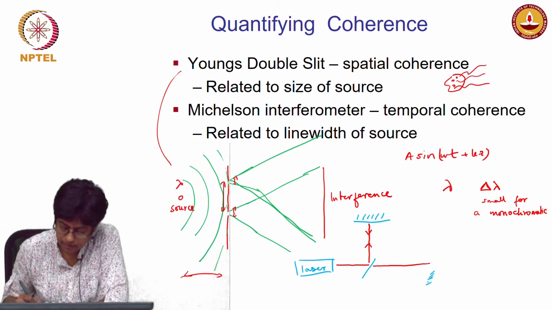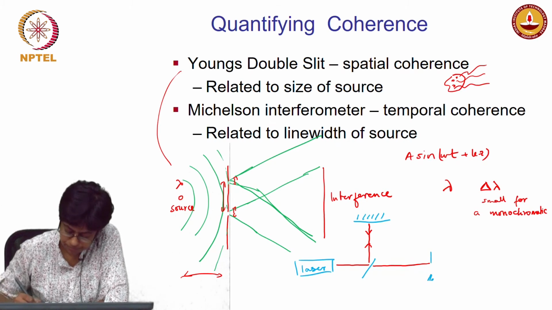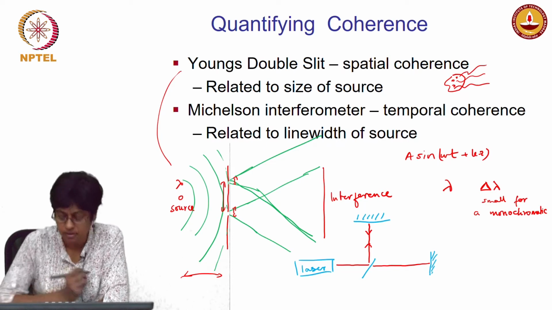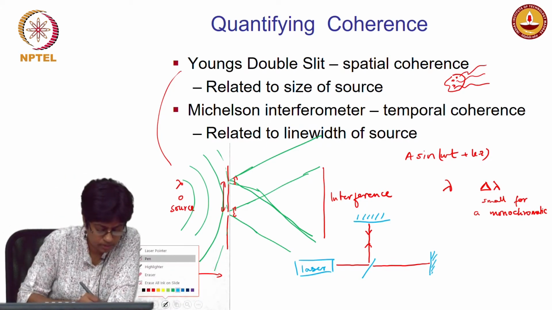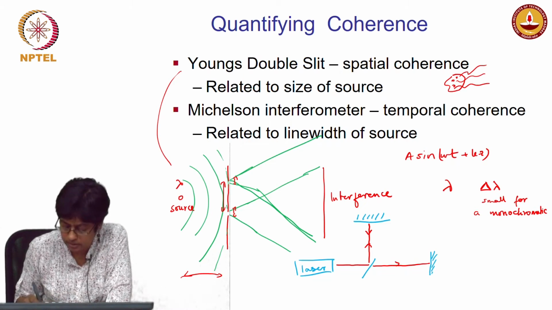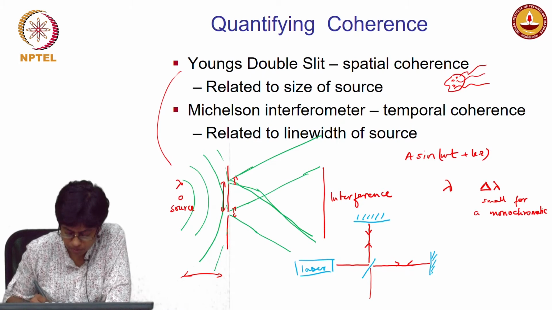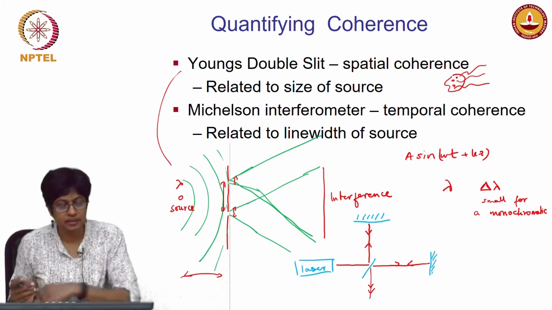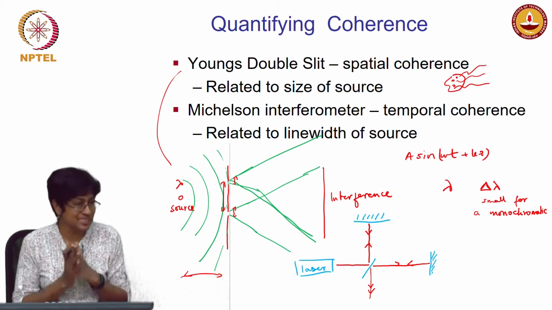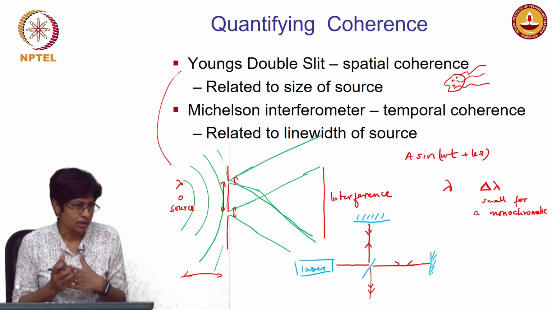You would again have this mirror, so that the second beam also hits at normal incidence and it travels back, and both these beams now will come through here.